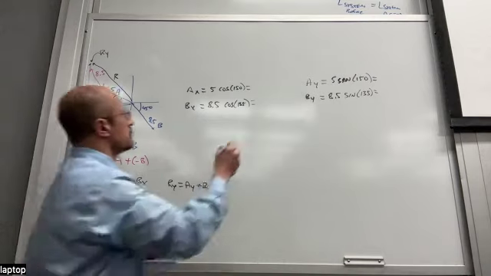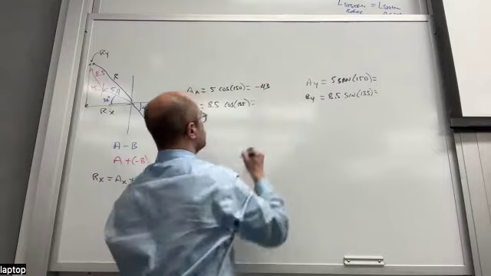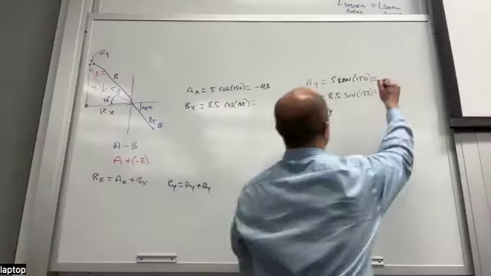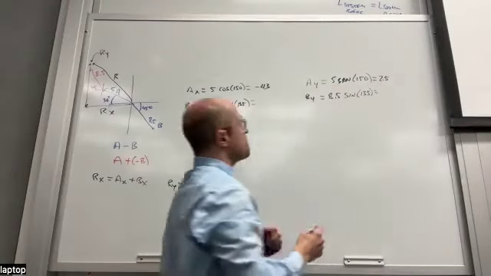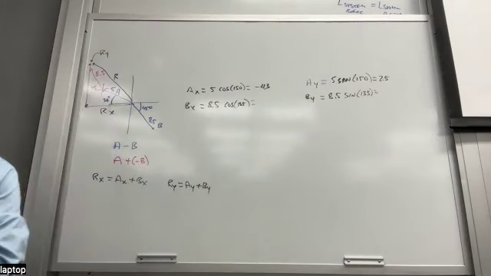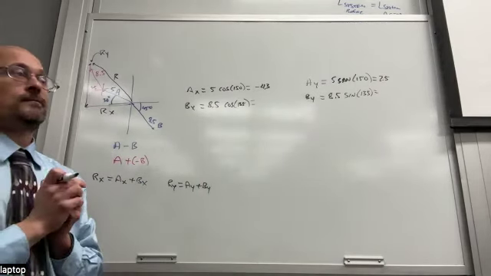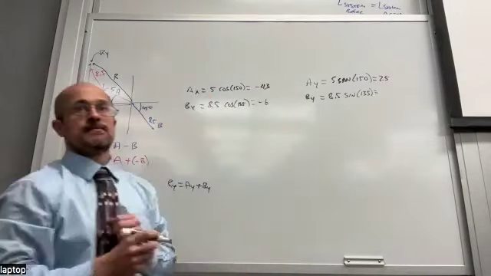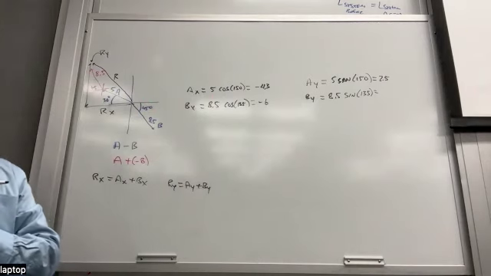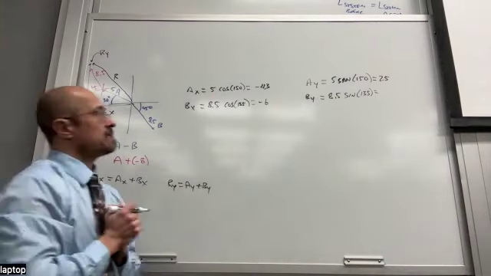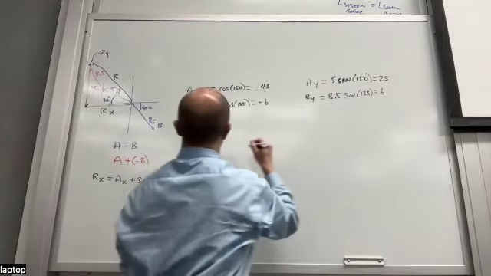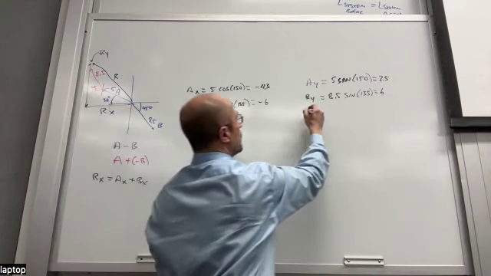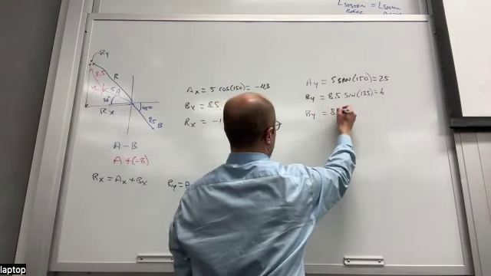AX is negative 4.3. AY is 2.5. Negative 6 for BX, and 6 as well for BY. Alright, so Rx then is negative 10.3, and Ry looks like it's 8.5.